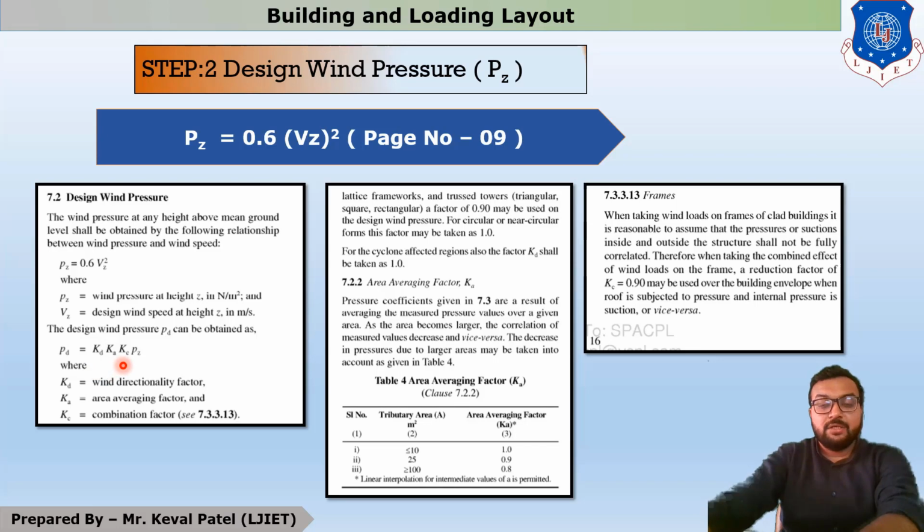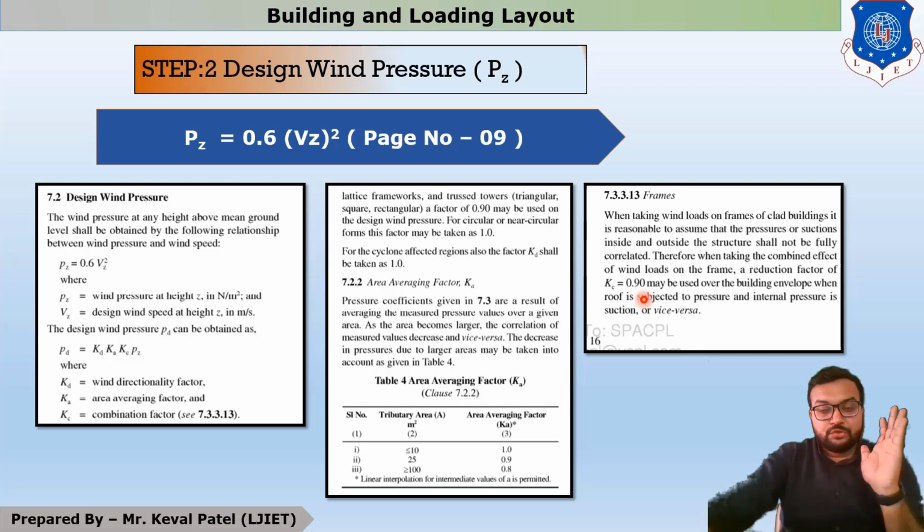Now the last unknown is KC. The value of KC is found from clause number 7.3.3.13, which is given on page number 16. So you can see that the combination factor is 0.9. Always it is 0.9.